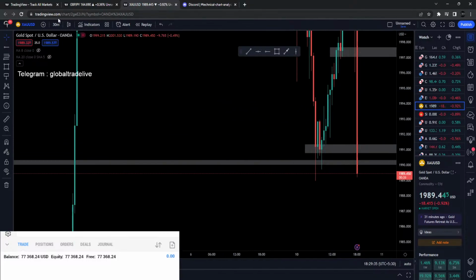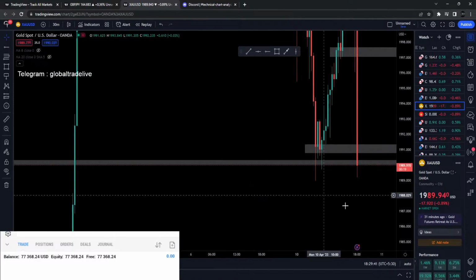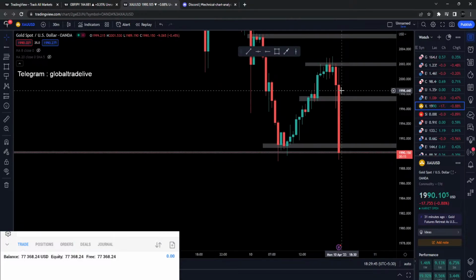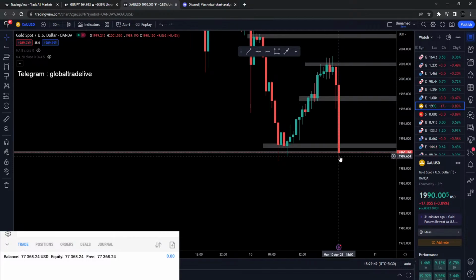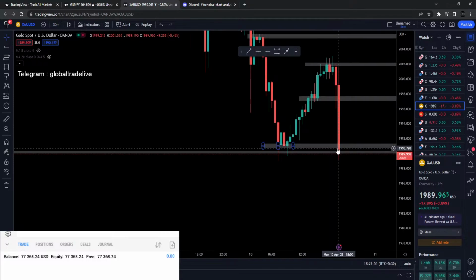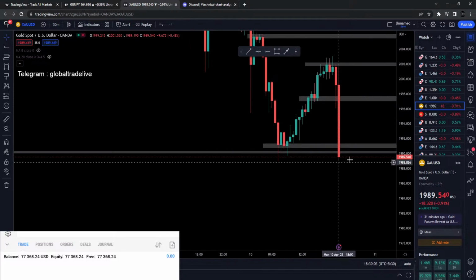The 30-minute looks promising. But obviously, look, the sell move has already been done, right? So this is clear that the sell move has been done from here to here. Now the real question is whether we are going to get a resistance formed, or how it's going to get done.